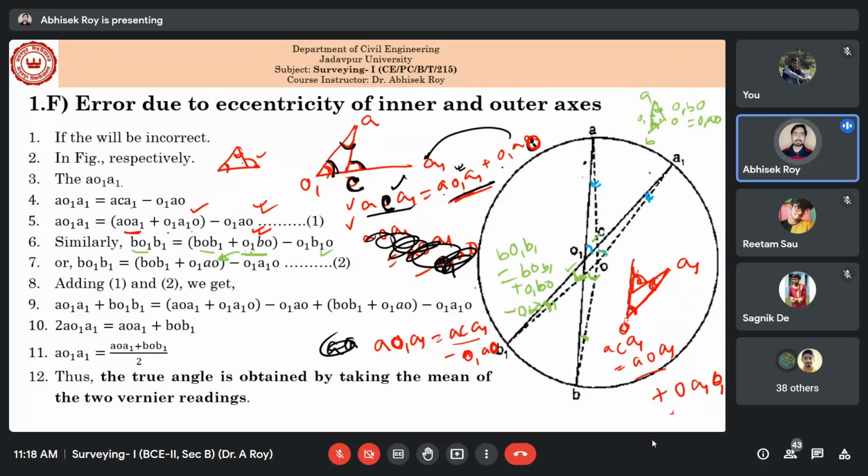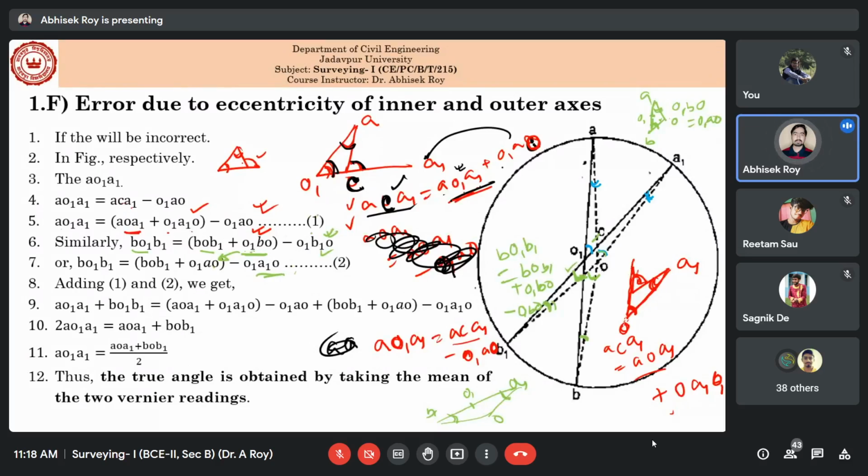And instead of O1B1O, similarly, if you look at this bigger triangle where A1 and B1 are there, and in between O1 is there, here O is there, O1B1O or this angle will be equal to O1A1O. So instead of O1B1O we have written O1A1O.